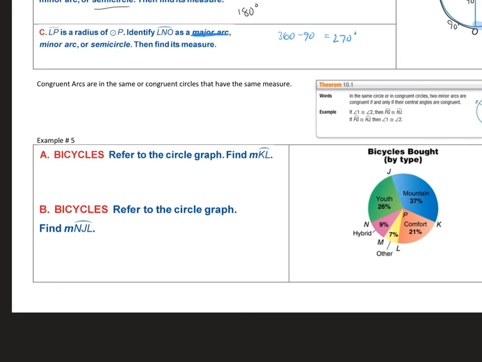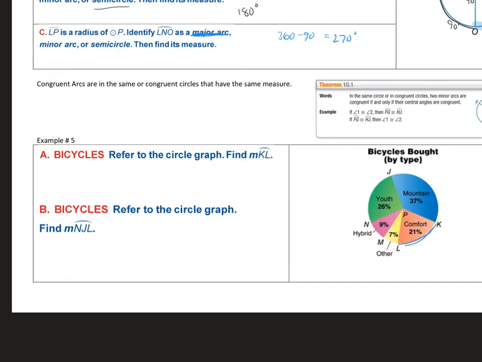I could find the measure of any one of these central angles because I know that in a circle graph, they all have to add up to be 360 degrees. So basically, I'm just going to take the proportion of that circle and multiply it by 360 degrees to find its arc measure. So if I look over here, I've got KL.